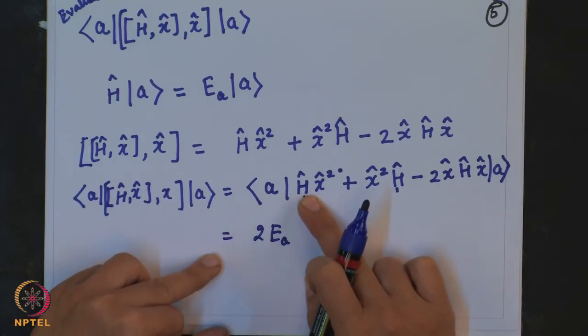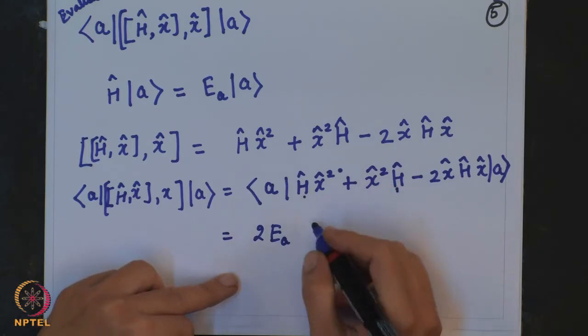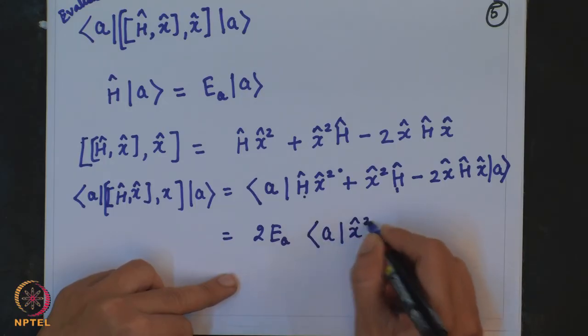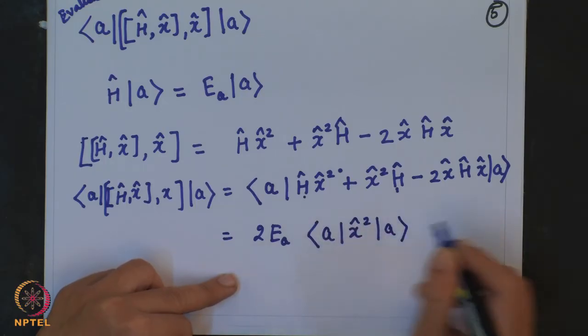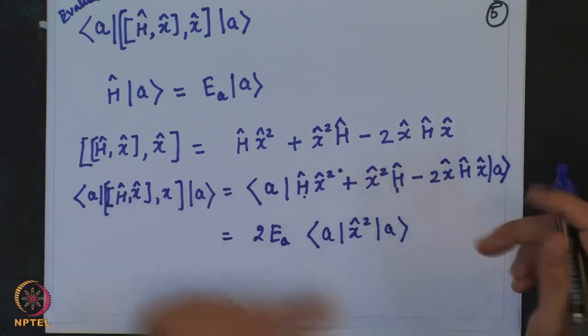One contribution comes from this, another contribution coming from the second term will be A. This is the contribution coming from the first two terms.